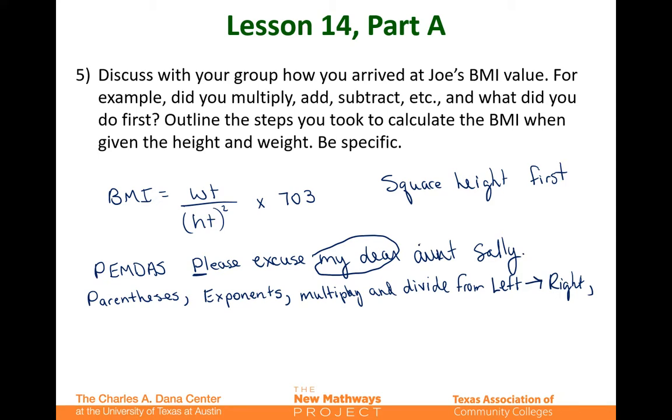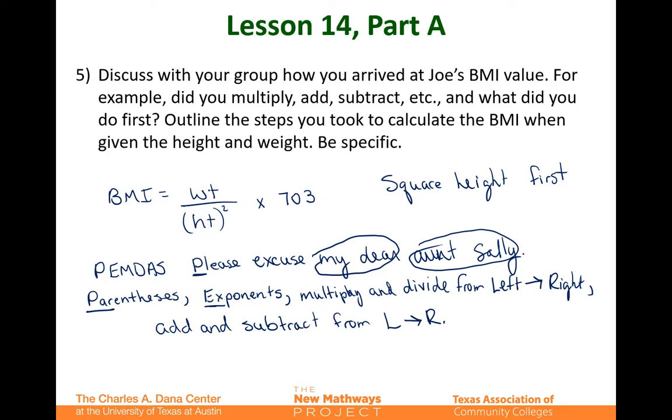And then the last thing you do, and these go together also, is then you're going to add and subtract from left to right. So, parentheses first, simplify any exponents, then working across the problem, multiply and divide, basically as you come to it.